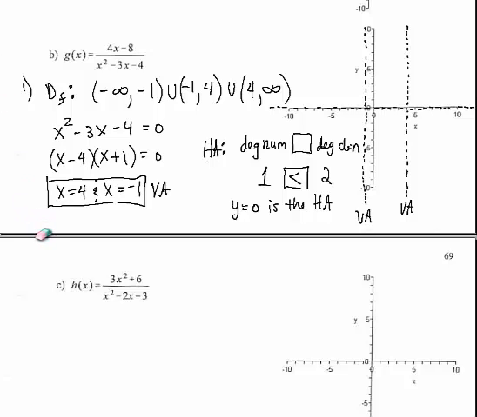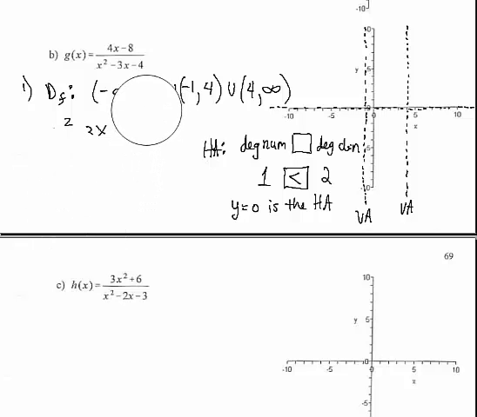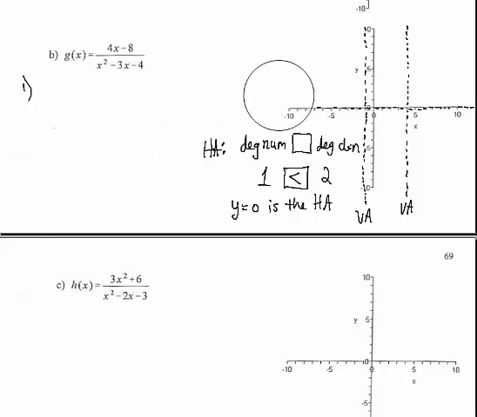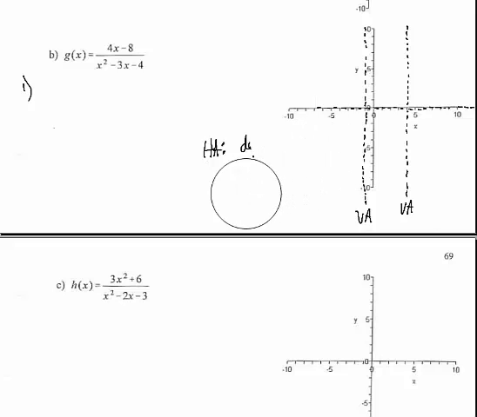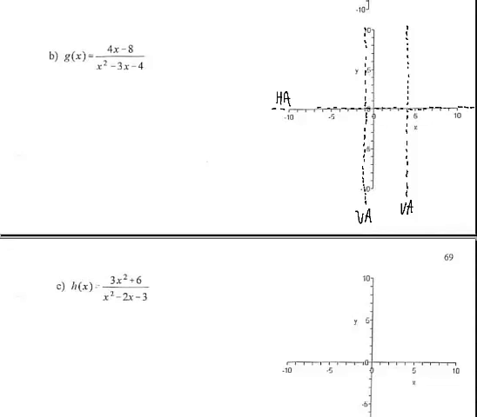So on to steps 2 and 3, we want to find our intercepts. Y-intercept: g of 0.